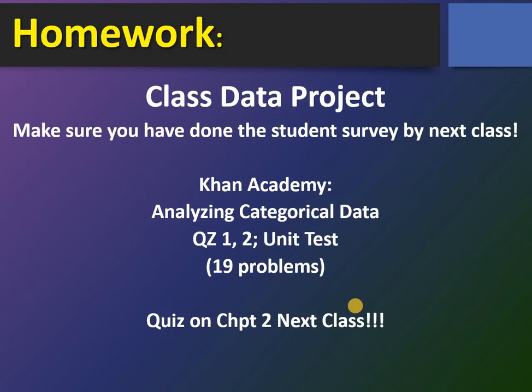So in order for this to work, it's 2 parts. Number 1, you guys need to go on Canvas. There is a link to the Class Data Project form. Now you are going to put in your first and last name, but the only thing that's ever going to show up for is on my screen so that I can tell whether or not you did it.